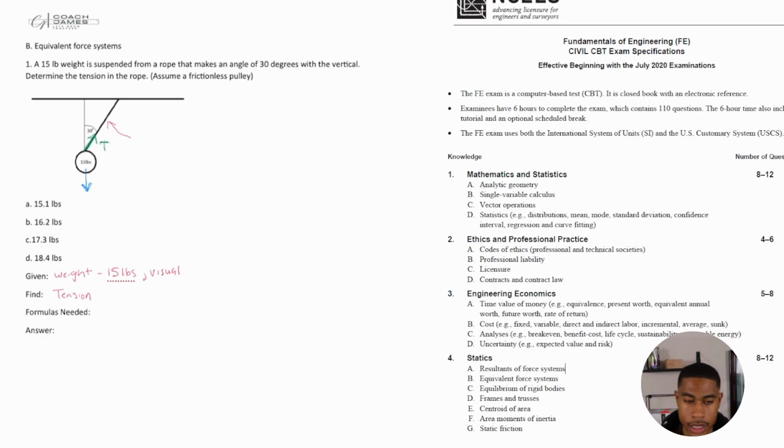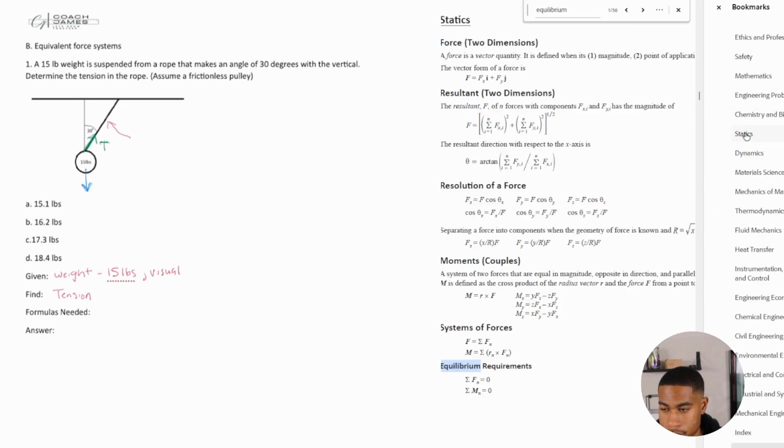Okay, so what formulas do we need? Very important that we figure out what formulas we need so that we can solve this. Searching equilibrium gives a lot of choices, so let's not do that. Let's look through our handbook and go to the statics section, because typically that's where it would be.